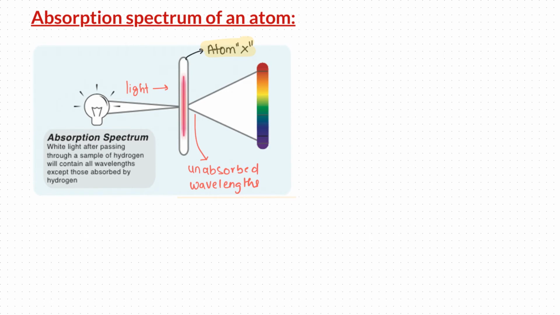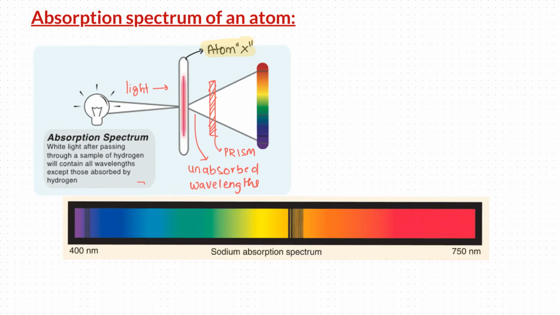If we pass this unabsorbed light coming out of the sample through a prism, it will split the light into individual wavelengths as discussed before. If we then project this light that is coming out of the prism onto a photographic plate or detector, we obtain a pattern in which we see a set of discrete dark lines on a bright background.